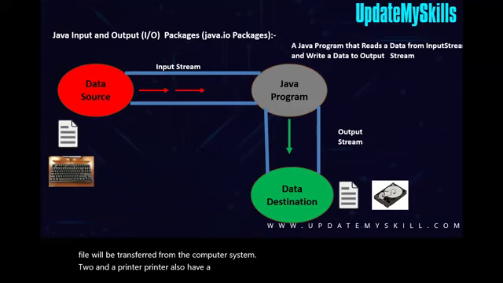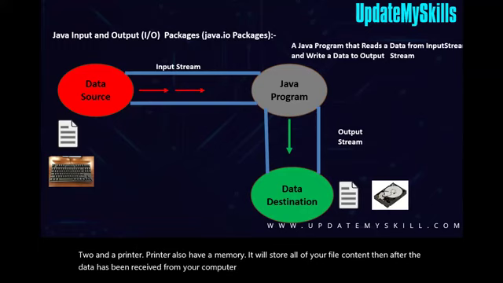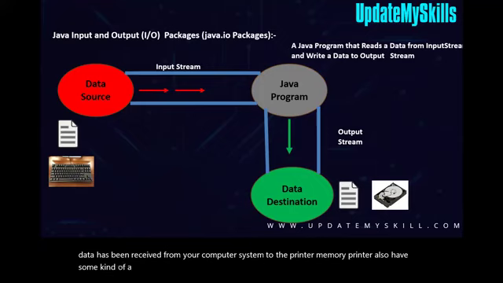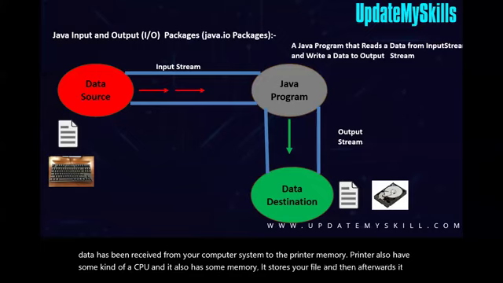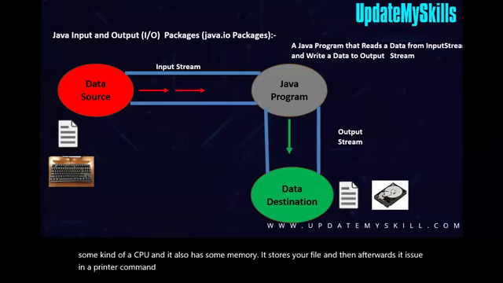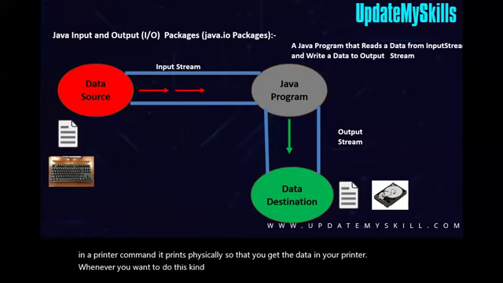It will store all of your file content. Then, after the data has been received from your computer system into the printer memory, the printer, which also has some kind of CPU, stores your file and afterwards issues a print command. It prints physically so that you get the data on paper. Whenever you want to do this kind of programming, we need to implement input and output streams.